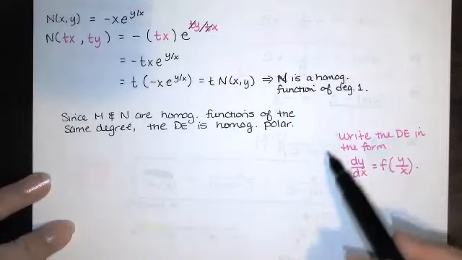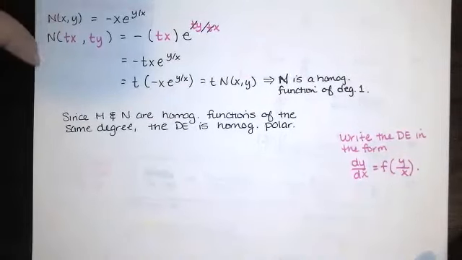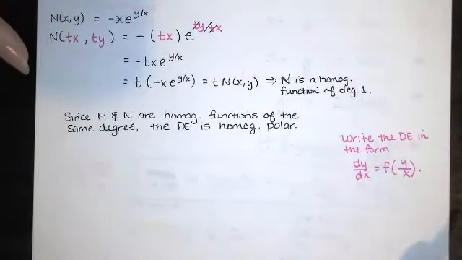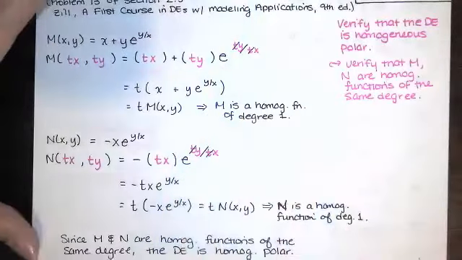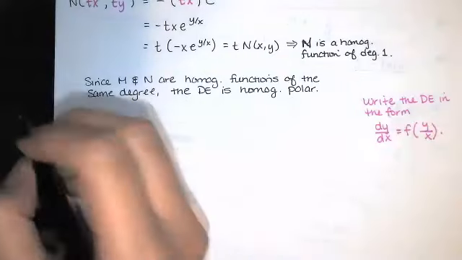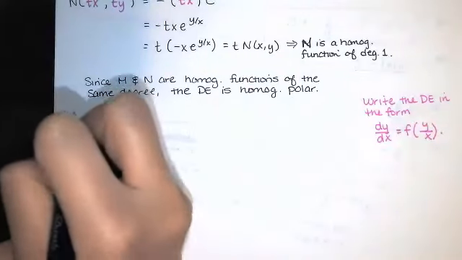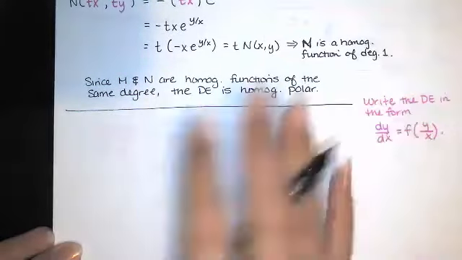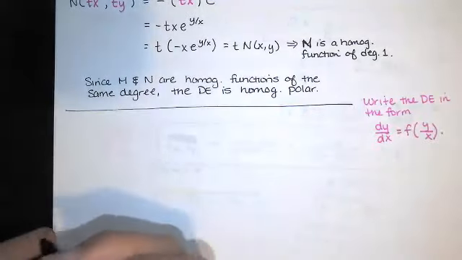Now you can use this to verify that the differential equation is homogeneous polar, rather than doing this if you want to. It's up to you. You kind of have to do that anyway. But I prefer this method, honestly.